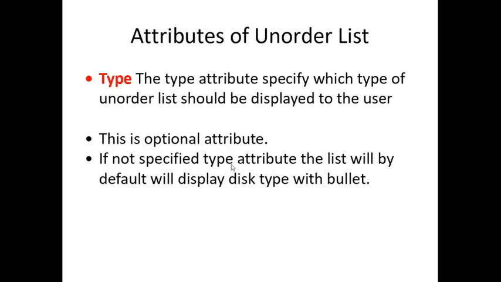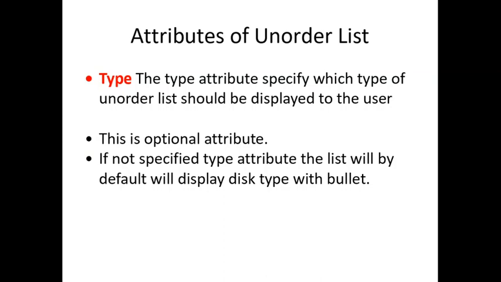Attribute. Similarly to the ordered list, we have some attributes in the unordered list too. Type: the type attribute specifies which type of unordered list should be displayed to the user.